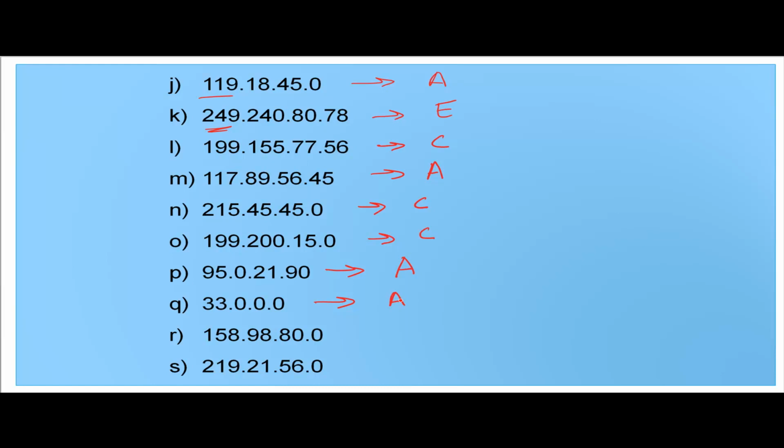This is going to be a class B IP address. Then 219. This is a class C IP address. So this is how we can identify the class of a given IP address. I'm going to the next one, the second exercise in lab 1.